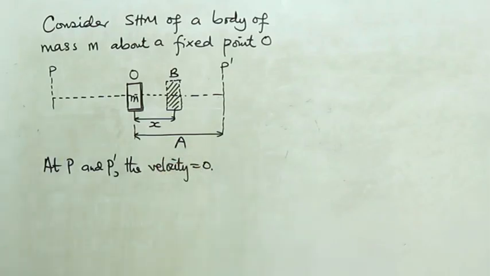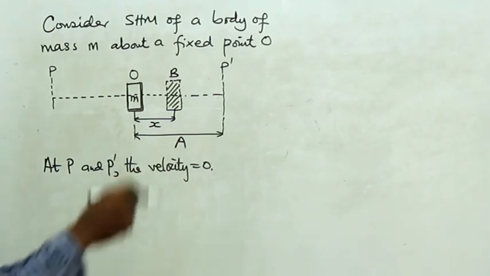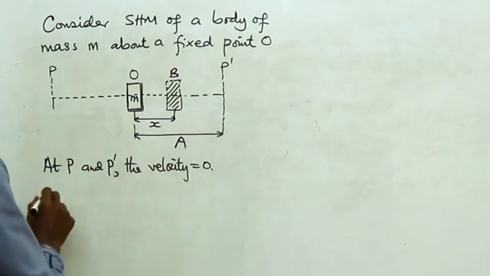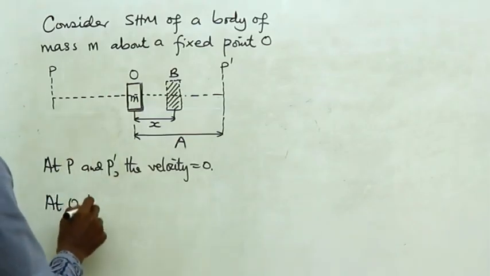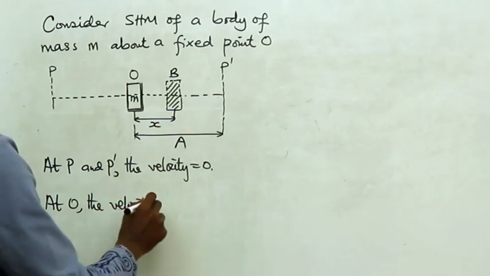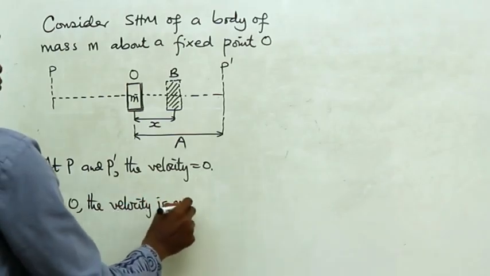So where is velocity maximum? The velocity is maximum at the equilibrium point. So at O, the velocity is maximum.